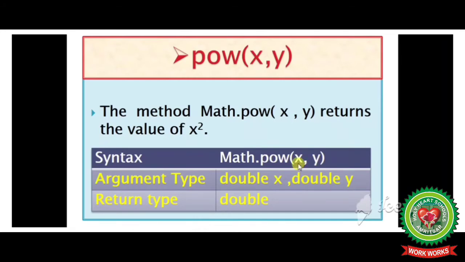X is the first argument and y is the second argument. Now how will we accept the arguments? The argument type is double x, double y, which means whatever arguments you use, their data type will be double. And the return type, meaning the data type in which your result will come, is also double.